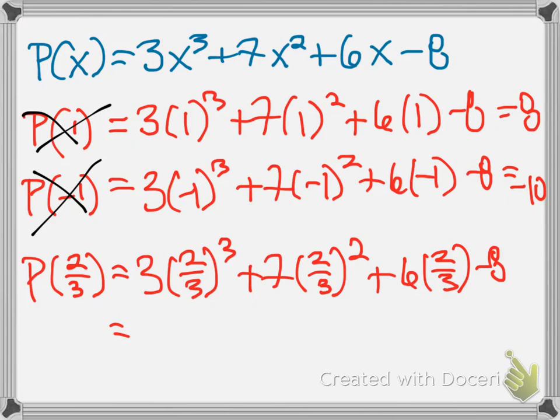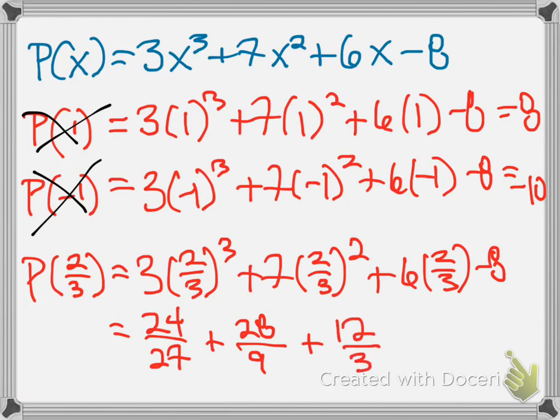So I've gone ahead and plugged 2/3 in. 2 cubed is 8. 8 times 3 is 24, so we get 24 over 3 cubed is 27. 2 squared is 4 times 7 is 28 over 3 squared, which is 9. 6 times 2 is 12 over 3 minus 8.